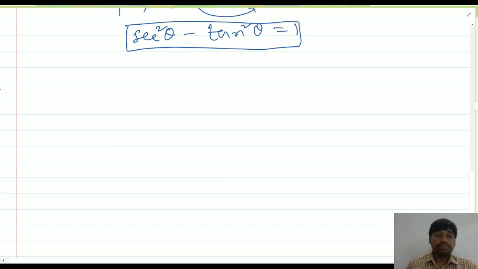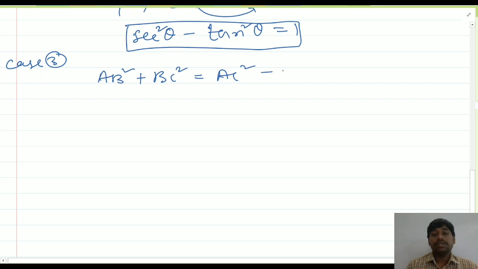Third one, case 3. Equation 1 is AB square plus BC square is equal to AC square. Divide equation 1 with BC square.